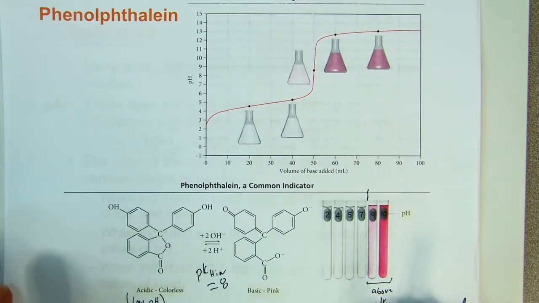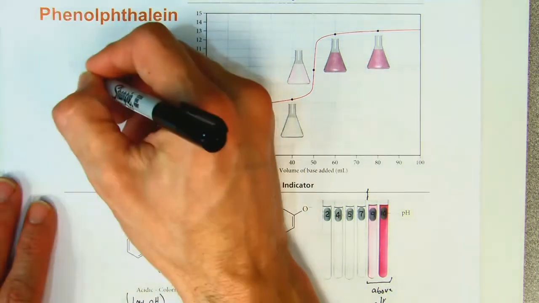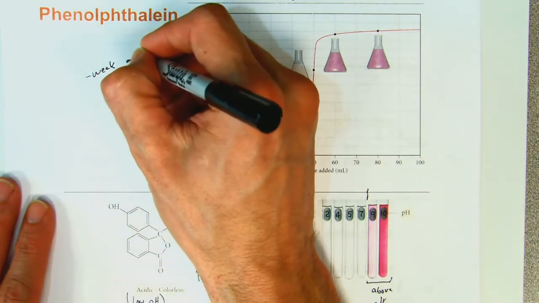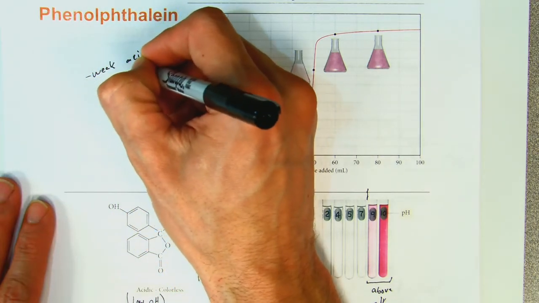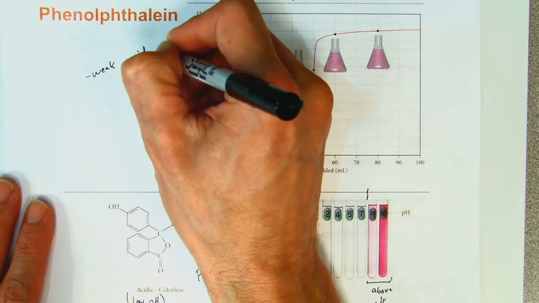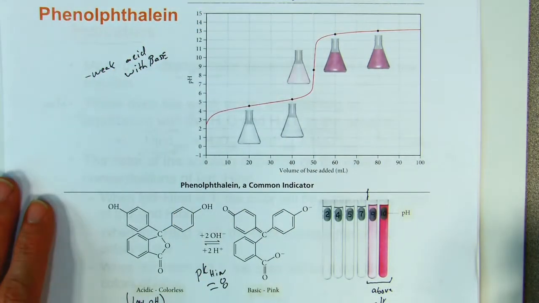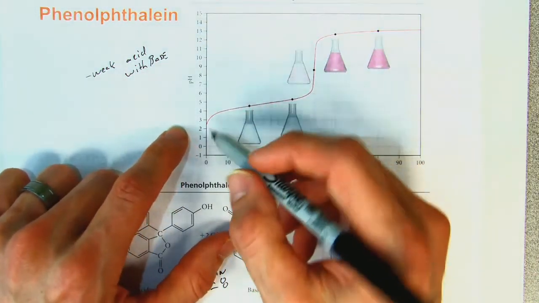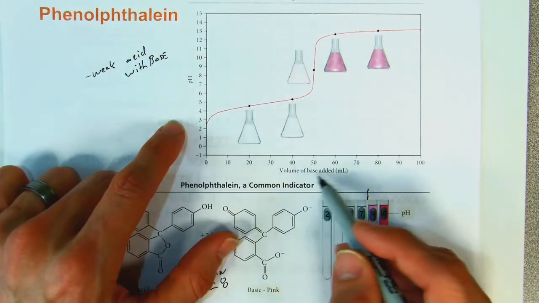In this slide, what we're doing is we're titrating an acid and a base. Specifically, we're going to be titrating a weak acid with a base. Okay? So this is a titration curve, a plot of pH versus the volume of the base added.